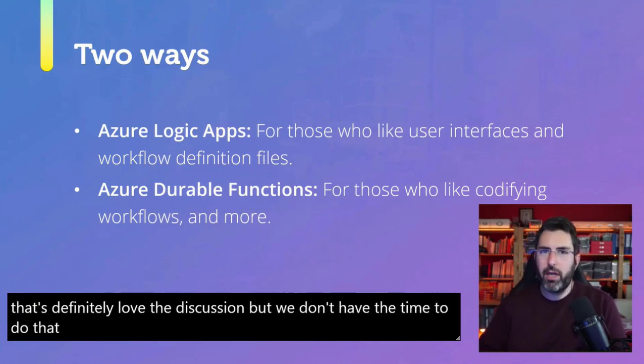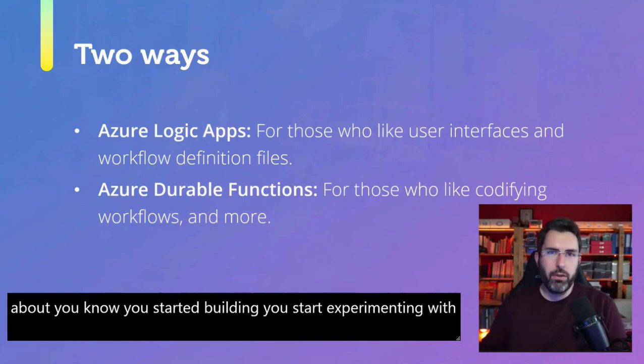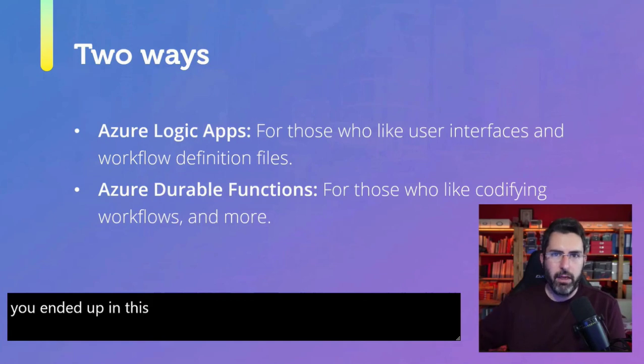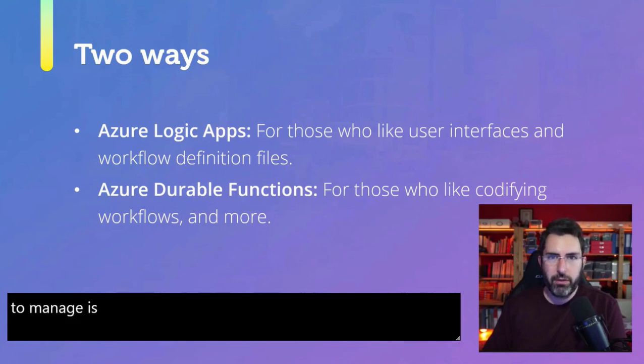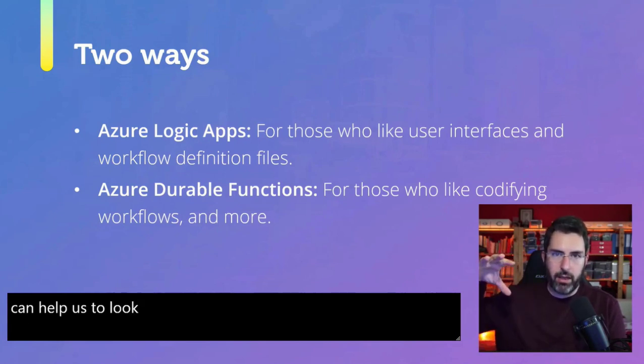But in short, think about it: you started experimenting with functions, you got one or two, and then you ended up in a situation where you have hundreds of those. How are we going to manage them? Is there some way to make sure the communication between the functions is right? Are there tools that can help us look from a higher level?